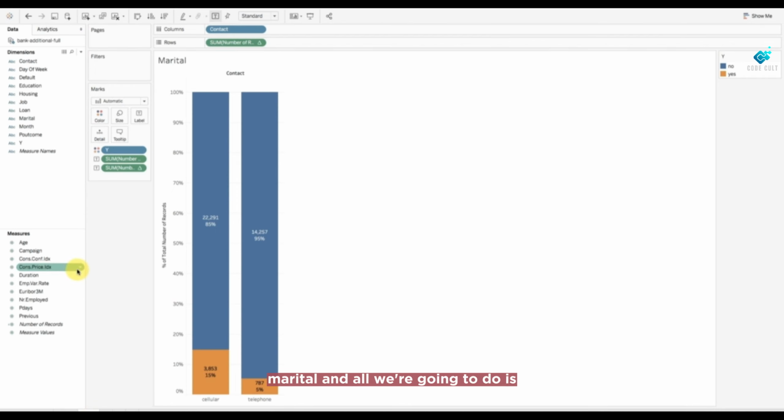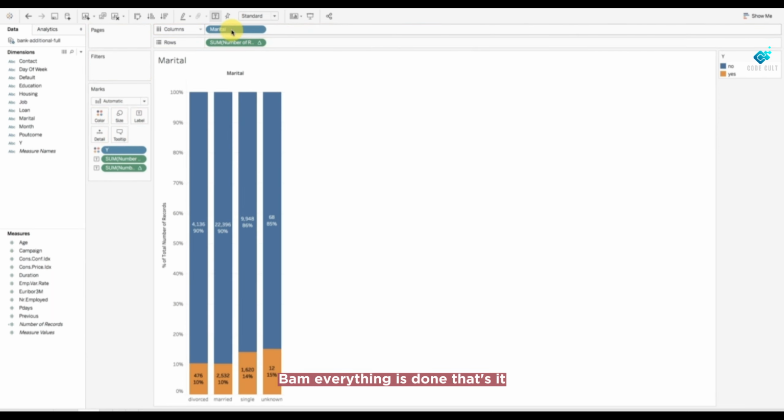And all we're going to do is, this is what I love about Tableau. It's so quick to change things, so quick to create visualizations, all drag and drop. It'd be so much harder in other tools. So if you take marital and you drag it and you just put it over contact, like replace it, bam, everything is done. That's it. As you can see, because contact only came up once, now everything is about marital all of a sudden.